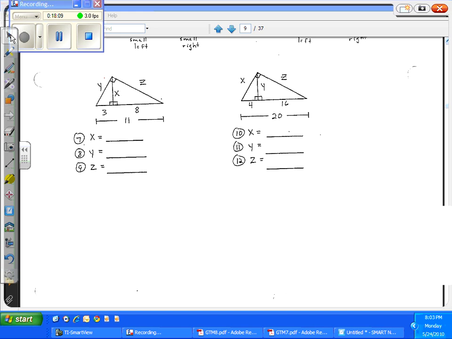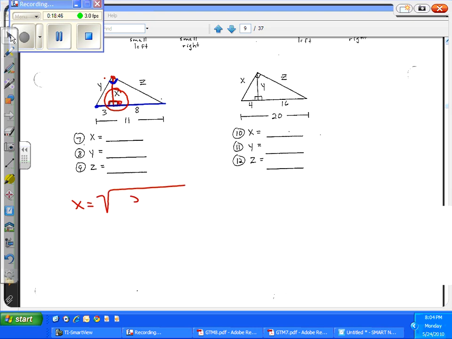If the altitude, see, we got to make sure the if is true, is drawn to the hypotenuse of a right triangle, then, well, we can reach a conclusion because I gave you the if part of a theorem. If the altitude is drawn to the hypotenuse of a right triangle, then the altitude x is the geometric mean between the two pieces of the hypotenuse.